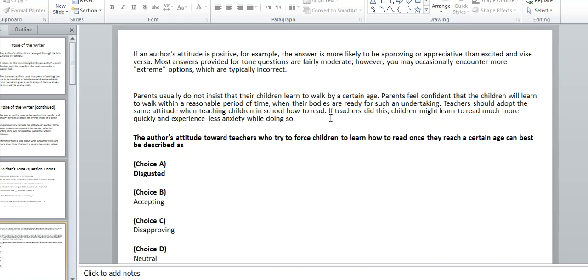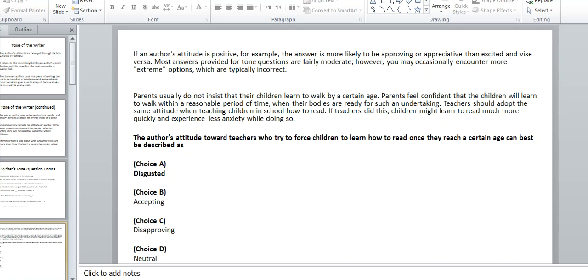So here the writer is saying if teachers did this, which means they're not doing that, because this is a conditional sentence. If they did this, children might learn to read much more quickly and experience less anxiety while doing so. So this means teachers are in fact promoting anxiety, not giving them the right experience to read properly.